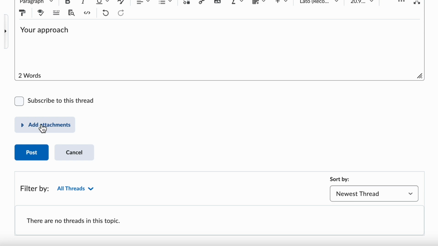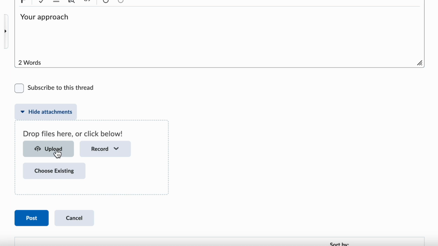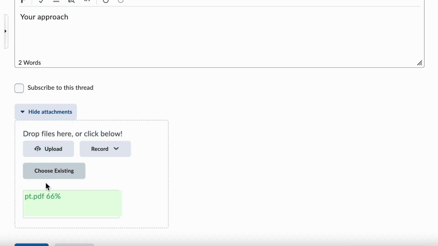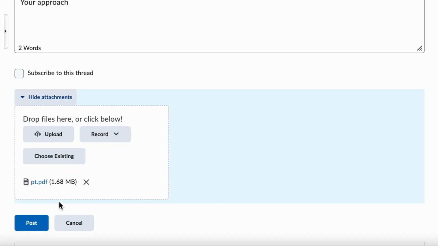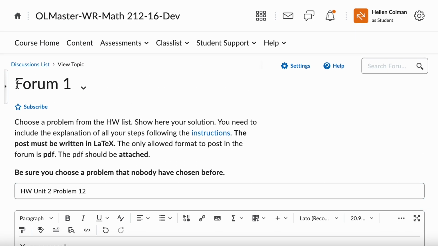In any case, you should use add attachments. Here is where you are going to upload your PDF produced in LaTeX. Pick a homework and we'll just drag it here. Once you drag your PDF here, it will appear here, and then you will just post your forum discussion. So this is the way to submit the forum post every week.